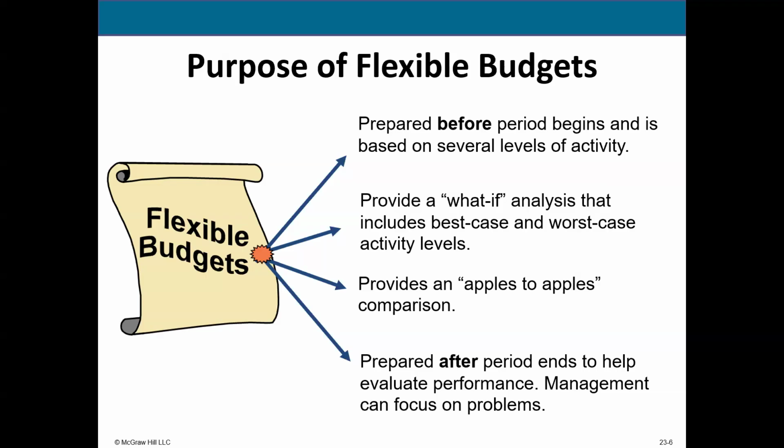And it also allows for different levels of activity. So I like to call it the low, medium, high range. Low level of activity, medium level of activity, high level of activity. It allows me to be flexible when it comes to comparing the actual to the budgeted performance.